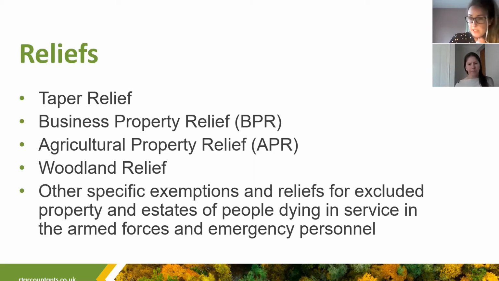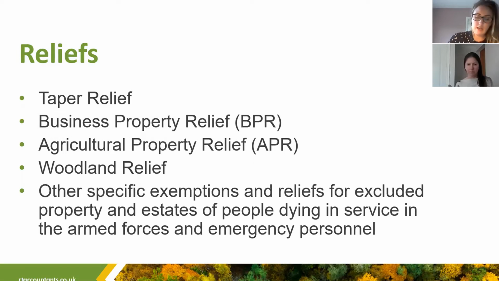There is business property relief. This relief is either 50% or 100%, depending on exactly what the assets and the business is, and they are for trading companies. There is agricultural property relief. This is 100% relief for assets used to grow crops or rear animals.